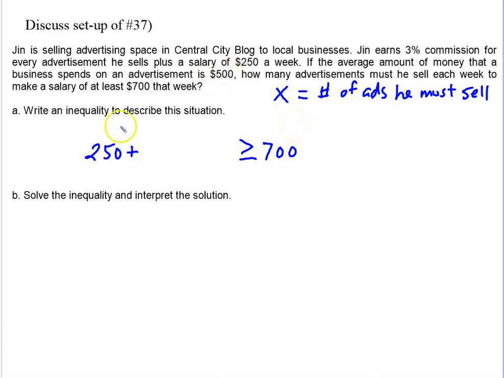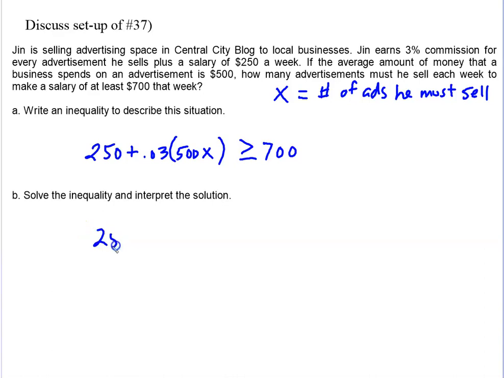Okay, so we can write that as 3% of the product of $500, which is the average amount per ad, times the number of ads, which we're calling X. All right, and so we just went ahead and worked this out, but that's the answer to part A, write the inequality. And so now let's go ahead and finish this off, and this will take care of one of your homework problems.